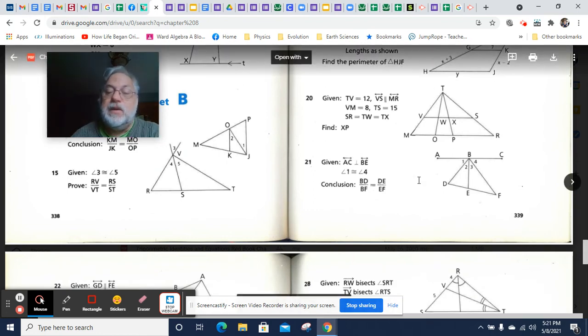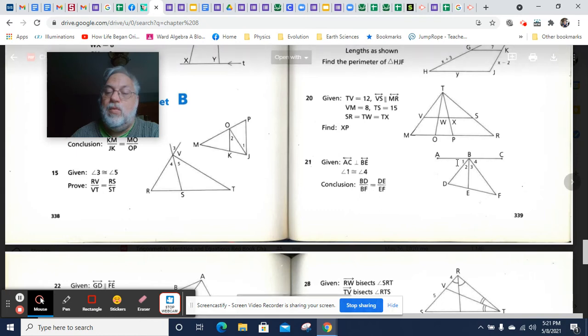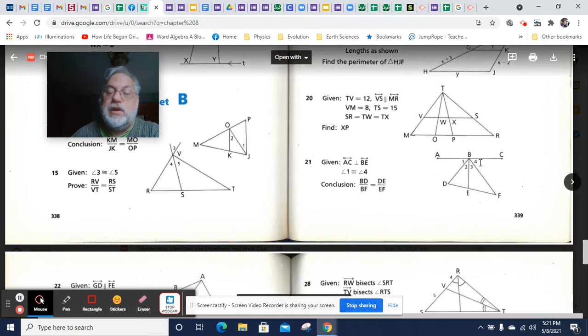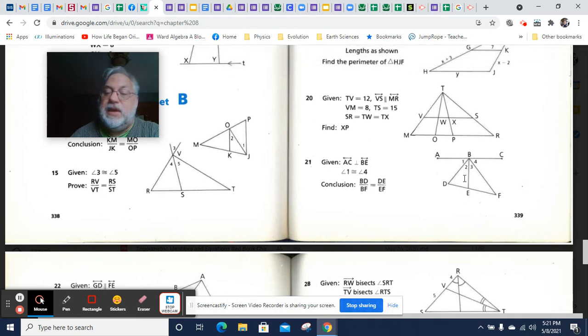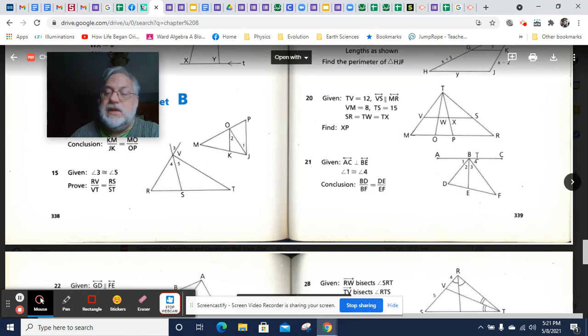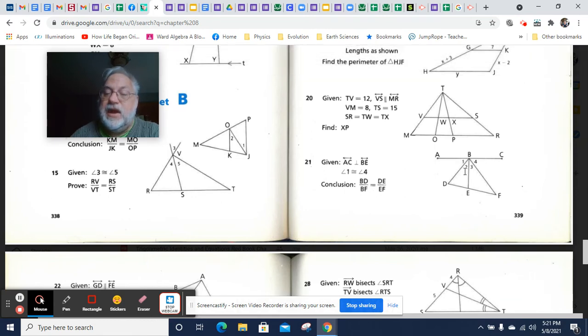21. We know that angle 1 and angle 4 are congruent. And we're told that AC is perpendicular to BE. Well, that means that angle ABE and angle CBE are right angles. So these two congruent angles, 1 and 4, they each have an angle that has to be complementary to them.